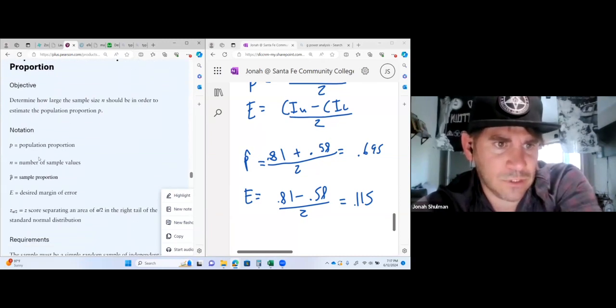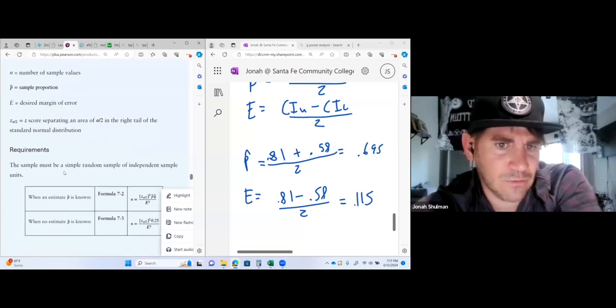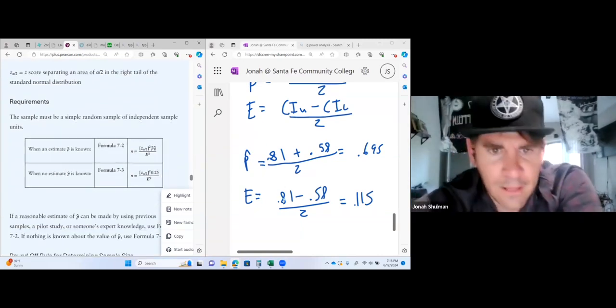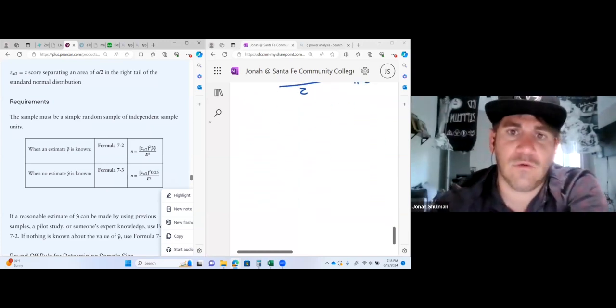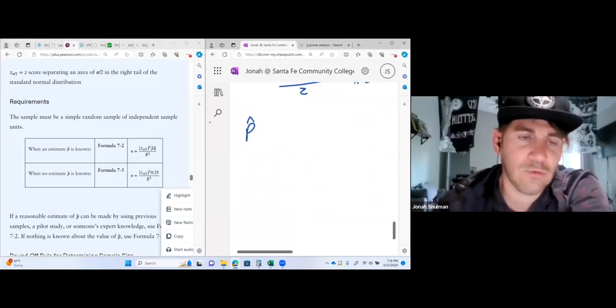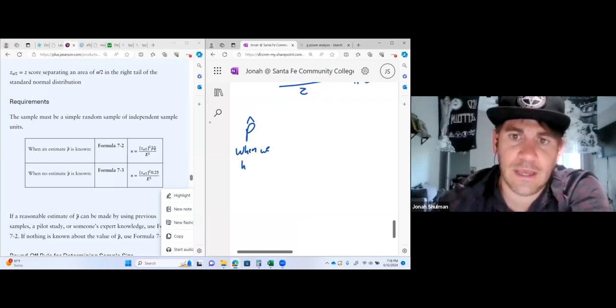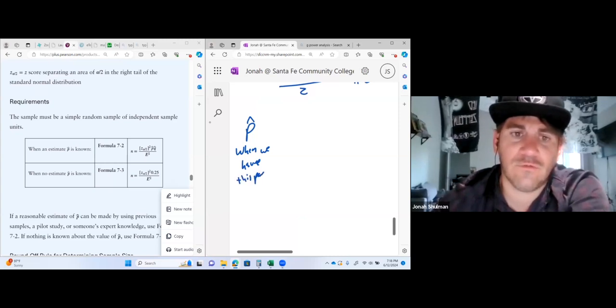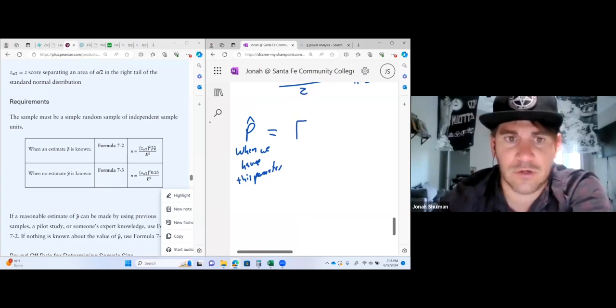So the population proportion, the number of sample values, the sample proportion, and desired margin of error. And then we've got some formulas. Not bad. So when we know P, when we know what it's supposed to be, it should just be our critical value.